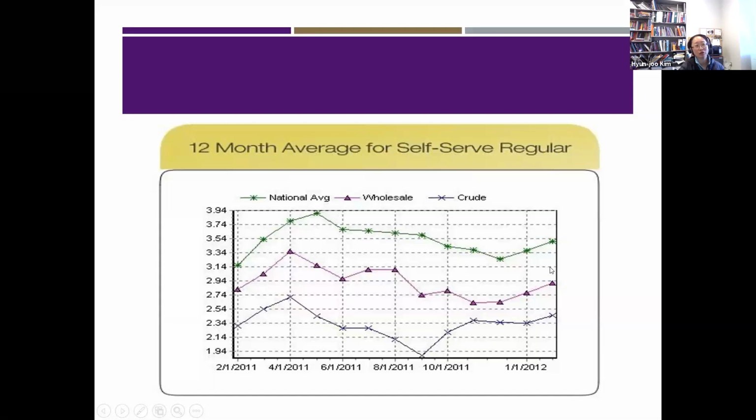So we can just focus on one point, maybe the national average. So this is actually the data set. And looking at the data set, what can you say about gas price? It goes up and down. It fluctuates, right? That's the only information that you probably get.